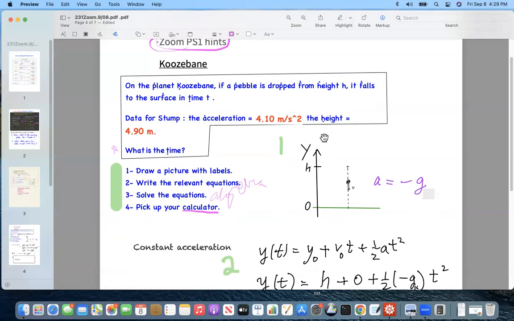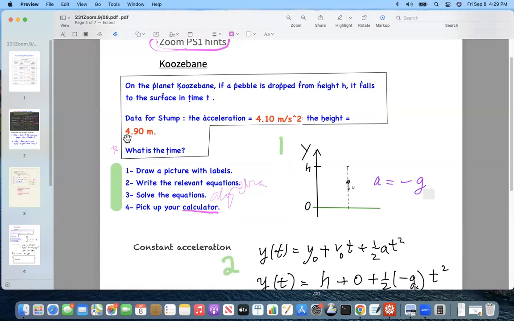Y-axis is a number line. Someplace there's the number 0. Let's take the number 0 to be at the surface of the planet, so ground level. So this is the ground on Coosbane. It has Y equals 0. And the astronaut drops the object, this pebble, from a height h.